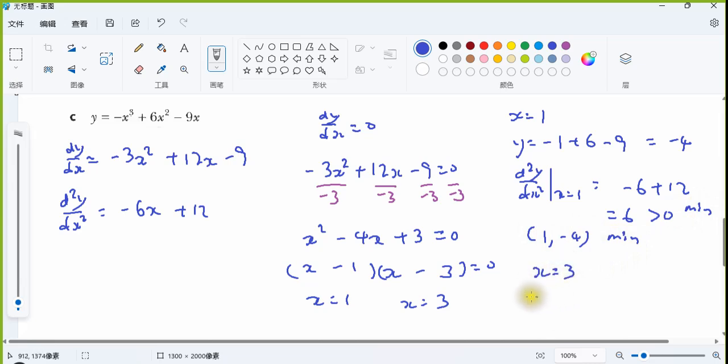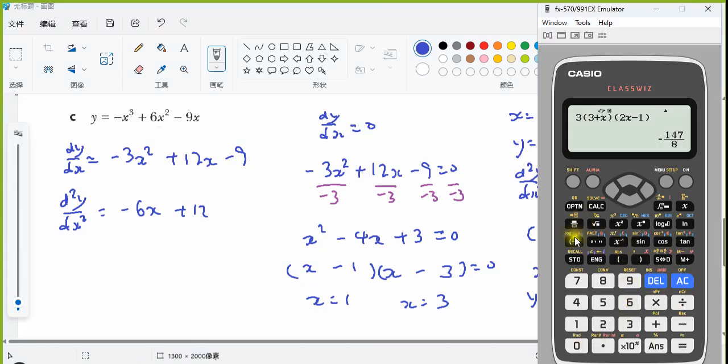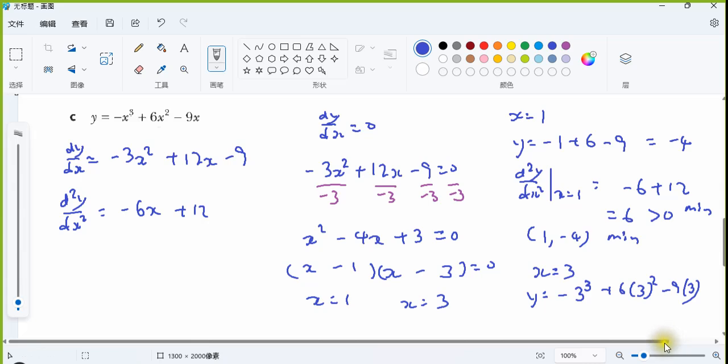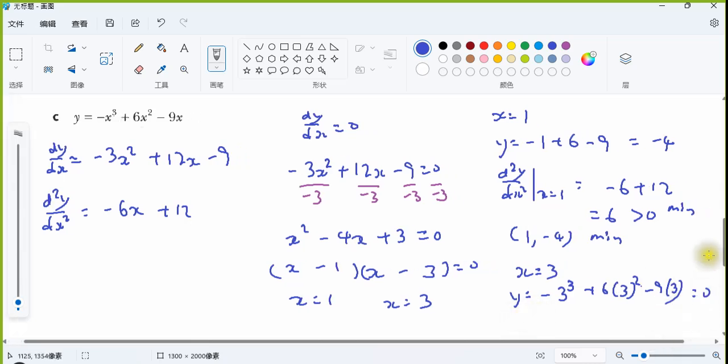When x equal to 3, y is negative x cubed plus 6x squared minus 9x, so we substitute x equal to 3, then it is 0. And then we find the second derivative.